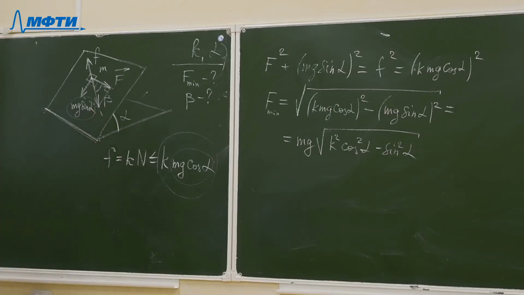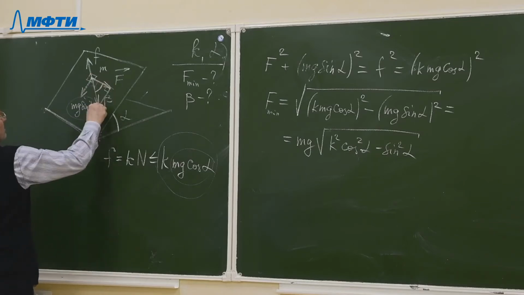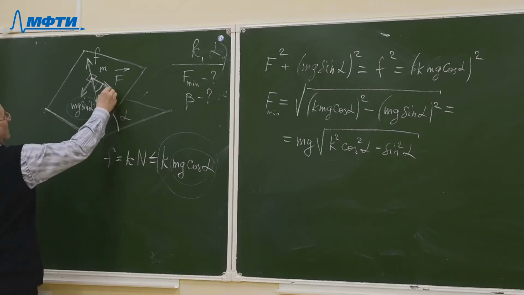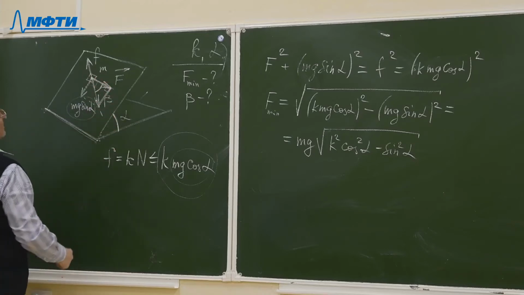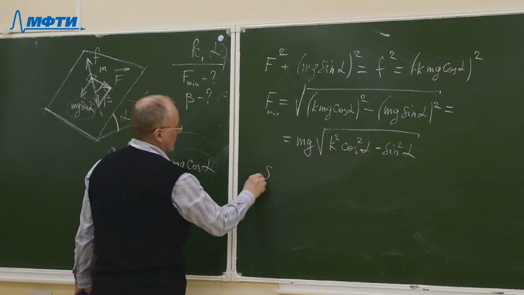How to find angle beta? Well, we know, for example, the tangent of this angle can be found as the opposite leg divided by this leg. Or we can define the sine of this angle. Maybe that will be easier.